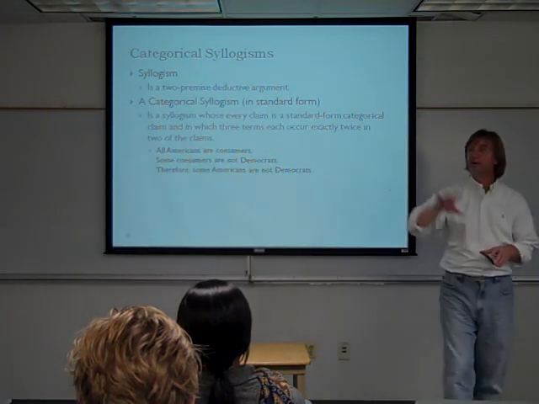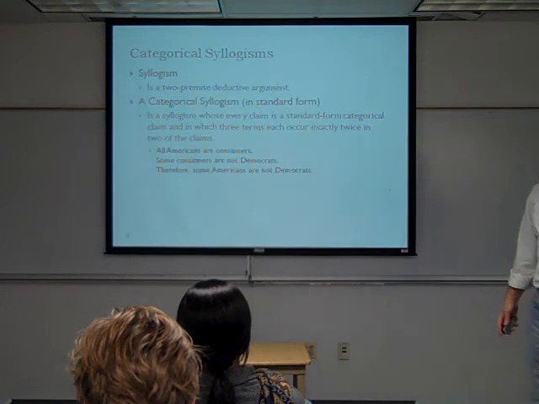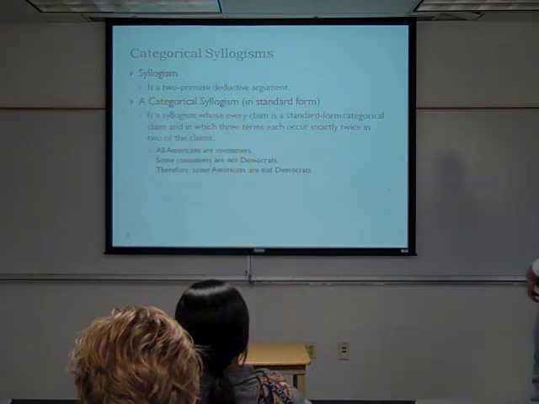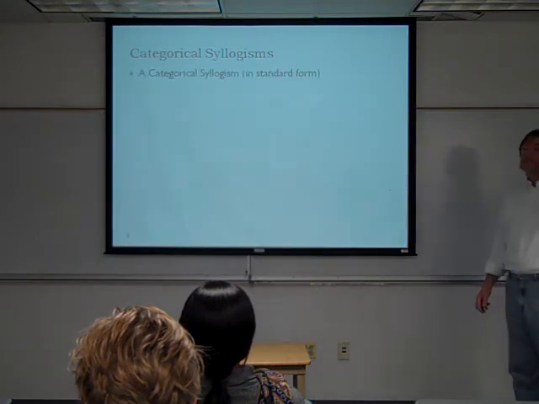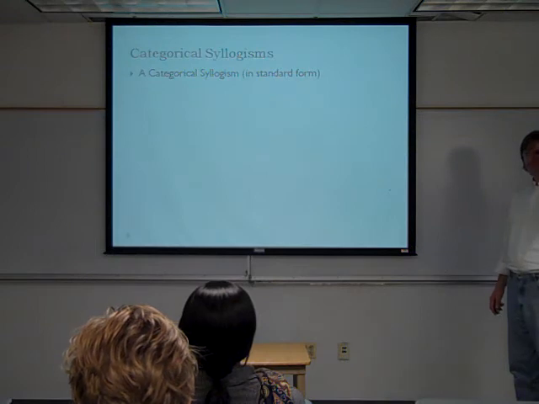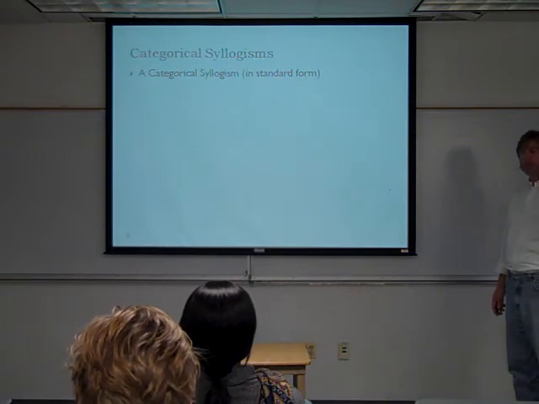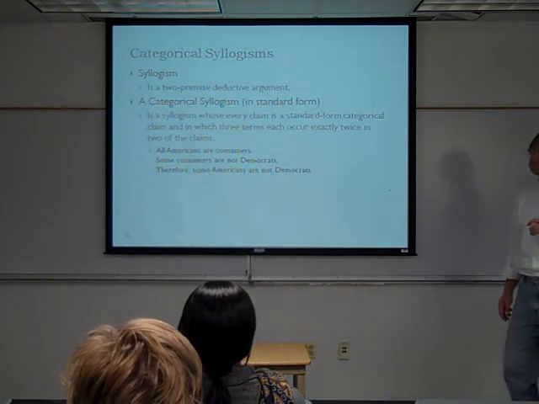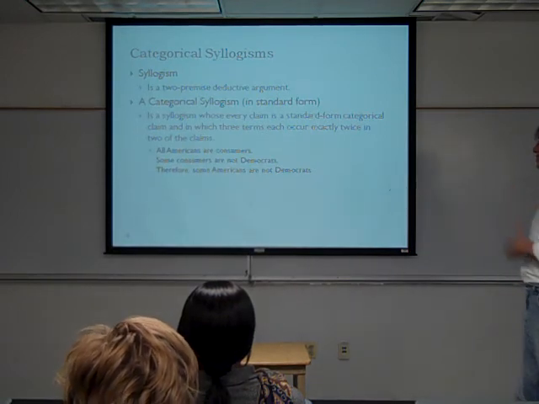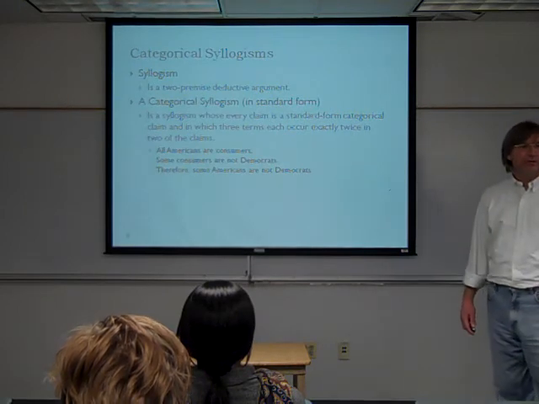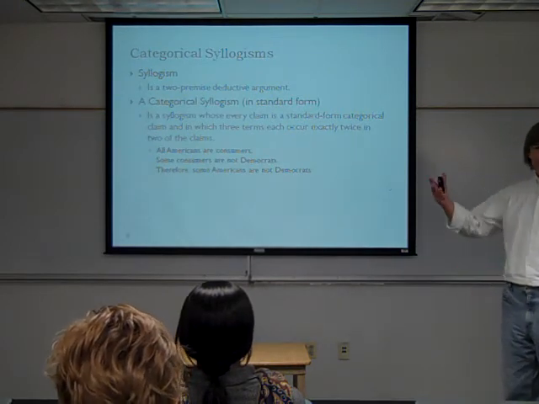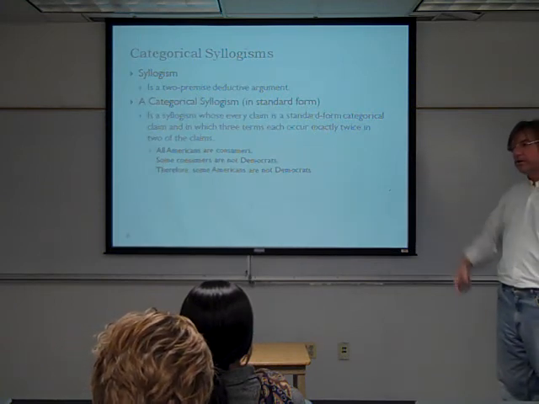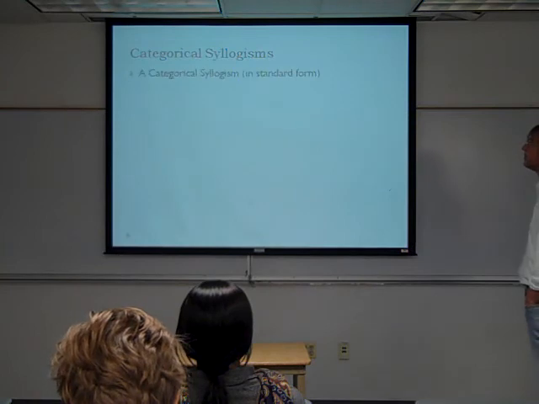And each of the terms appears exactly twice. This is a categorical syllogism in standard form. It sounds a little bit like the consumers are only in America. That's not the point they're trying to make. No, I see. In fact, they're not really trying to make a point with that argument, just really show the form of the argument. Three categorical claims, and the terms are going to recur exactly twice in each.